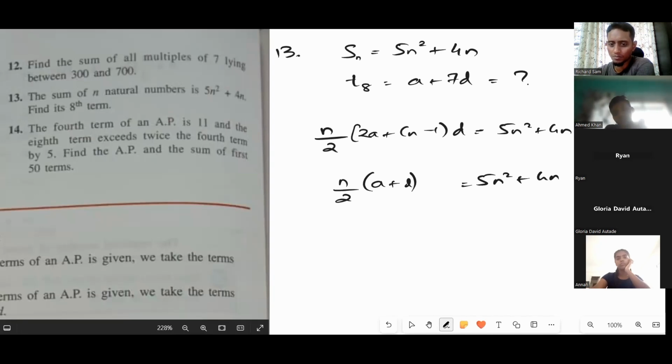Okay, what do we do now? Now each of these equations is missing something: the first has a, n, and d, and this has a, n, and l.